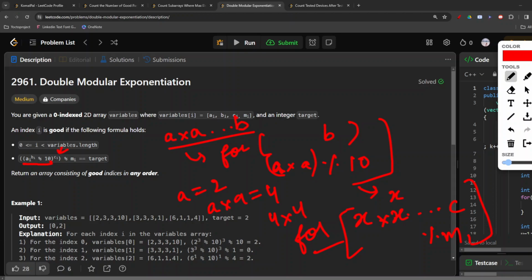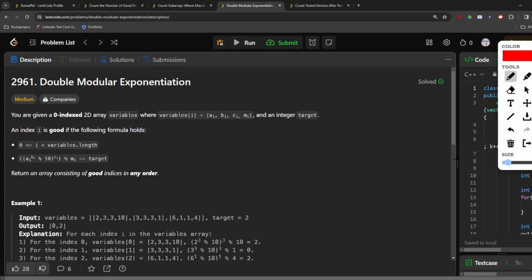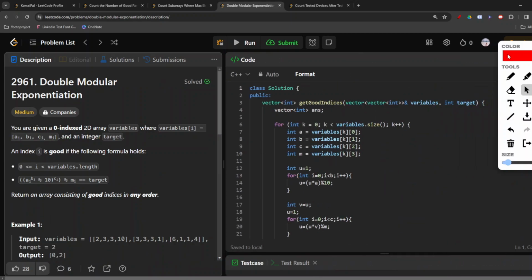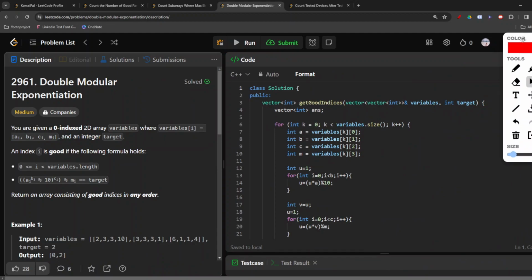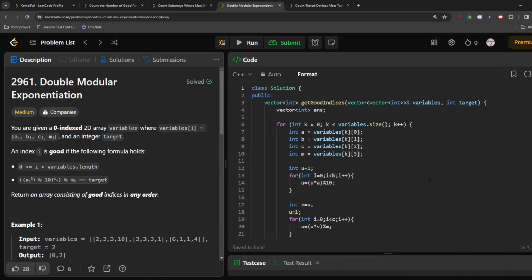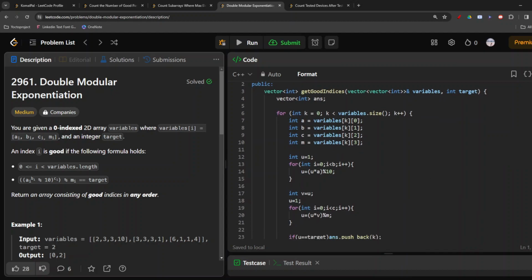So now let us go ahead with the coding part for the same. Here, whatever I was explaining, I'll now show you how to code that. See, for ease of access, what I have done is directly taken those as variables from that matrix, and here we are iterating that matrix.